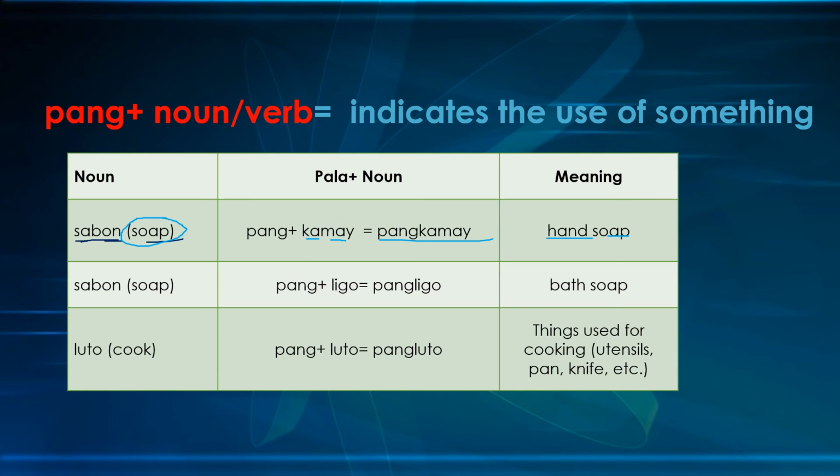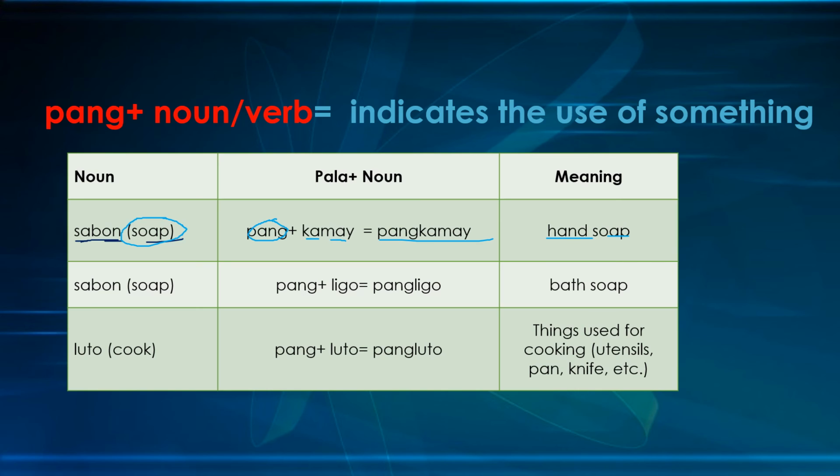And there are different kinds of soap. So if you want to tell that this is the specific use of that soap, we will use this affix pang and the noun for that.